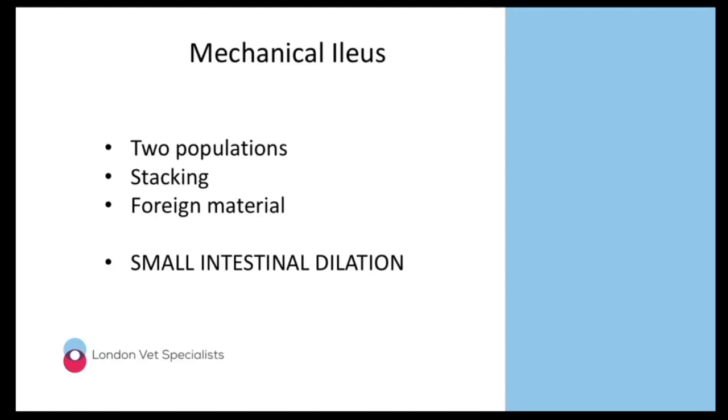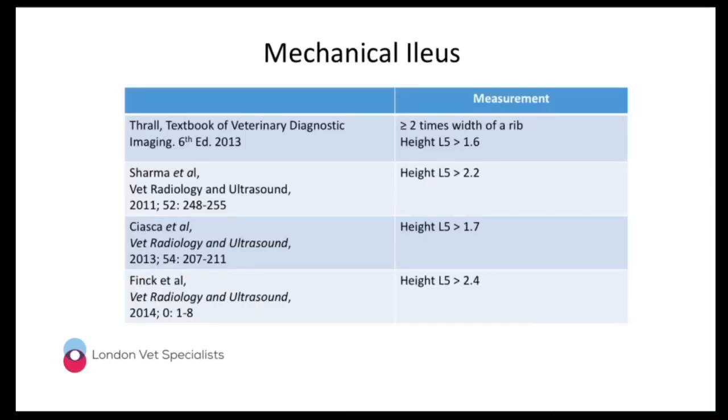And if we're talking about these 2 populations of small bowel, one being dilated and one being empty, then the question is, well, how do I know if a piece of small bowel is dilated or not? And there's been a whole bunch of papers published in the last 10 years on this very subject, and all of them recommend slightly different objective measurements in terms of defining small intestinal dilatation.